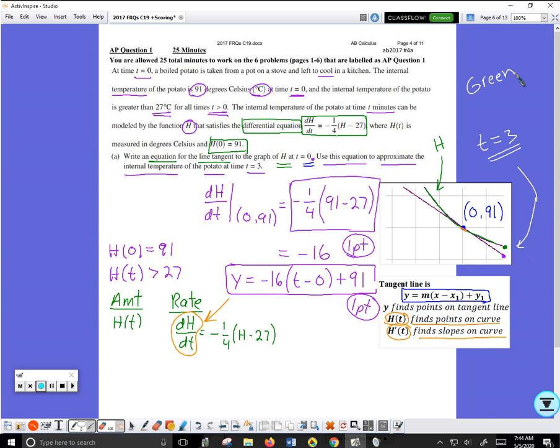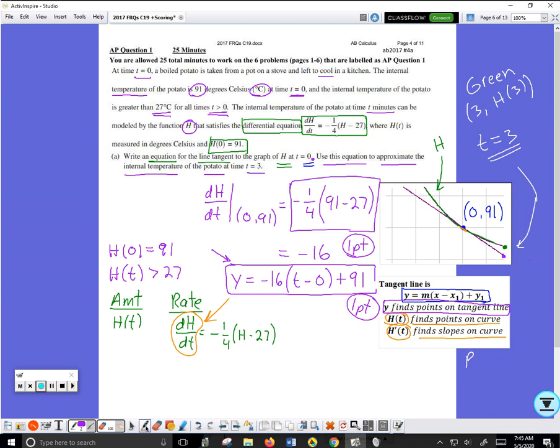is really the point (3, h of 3). We're trying to approximate that. We're going to do it with the purple dot, because the purple dot is what we find using this equation right here. Because remember, the tangent line equation finds all points that are on the tangent line.